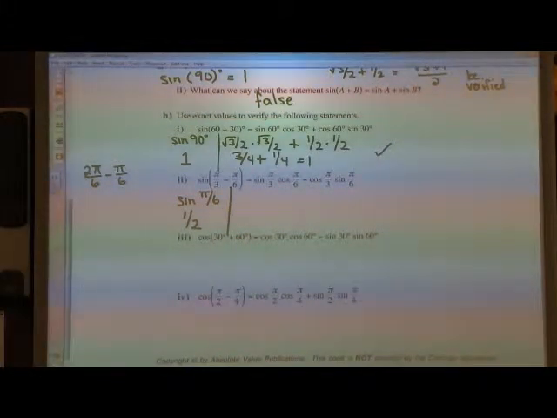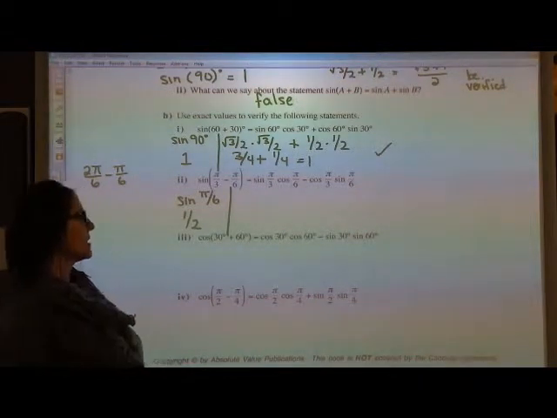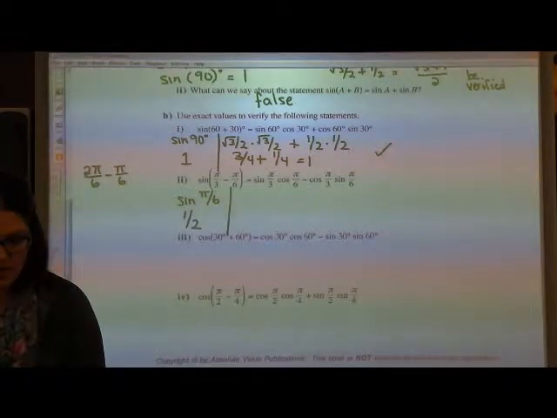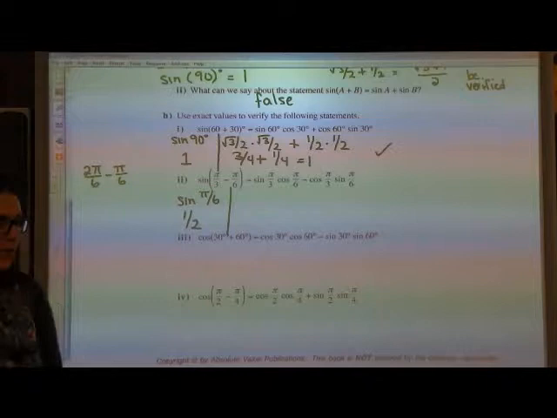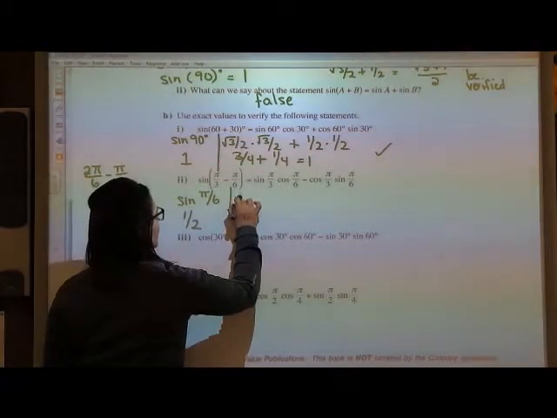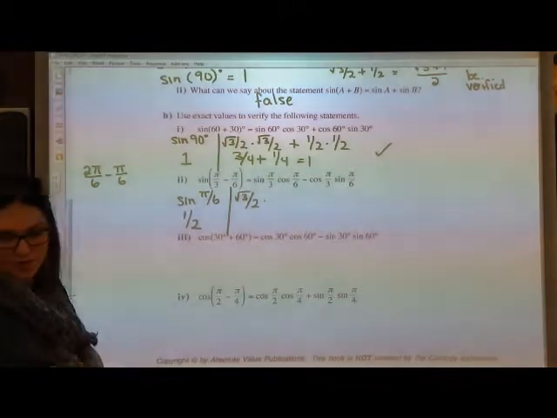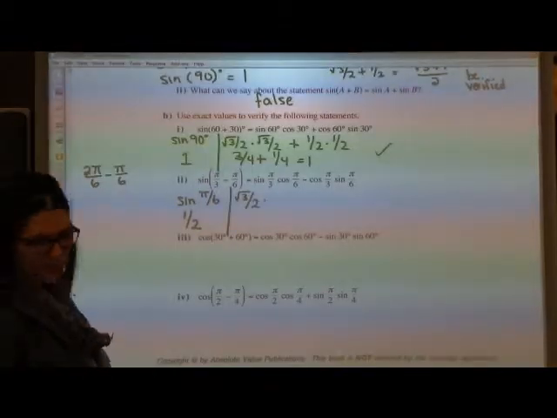And then according to the right side, I get sine pi over 3 cos pi over 6 minus cos pi over 3 sine pi over 6. So sine pi over 3 is root 3 over 2. Cos pi over 6 is root 3 over 2.